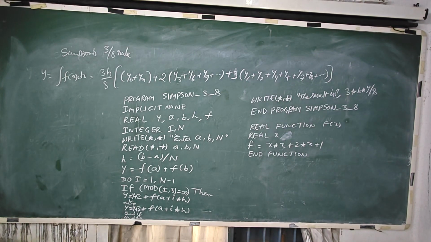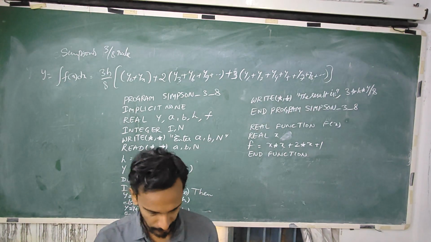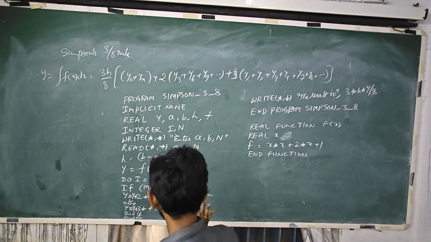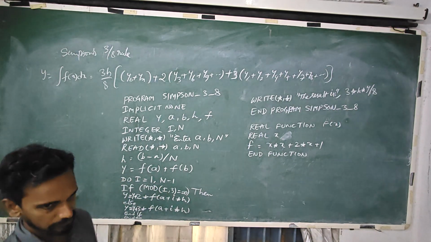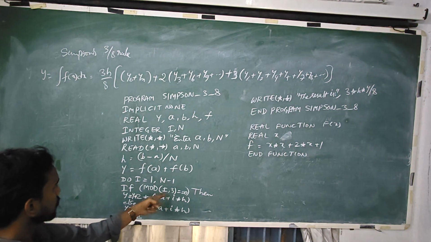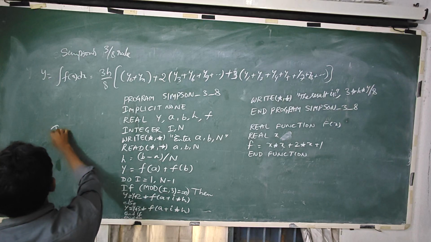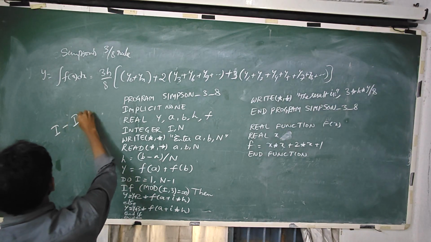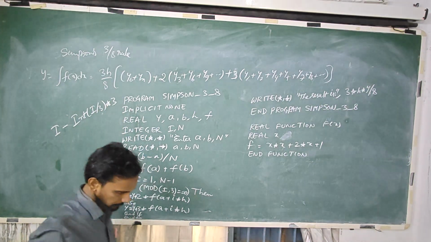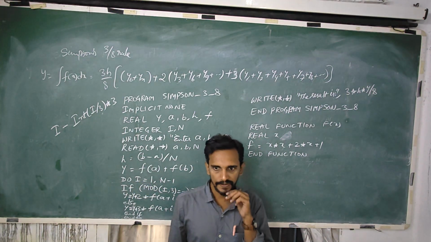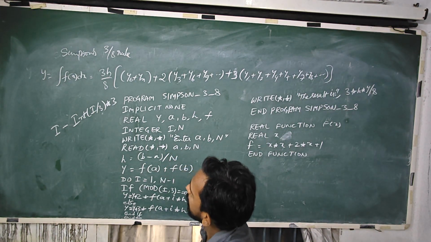But the problem here is this modulus operation is a very costly operation. That means internally it does too many calculations. Like what is actually happening here is it takes I minus integer part of I by 3 star 3. Let's say your I is 5.